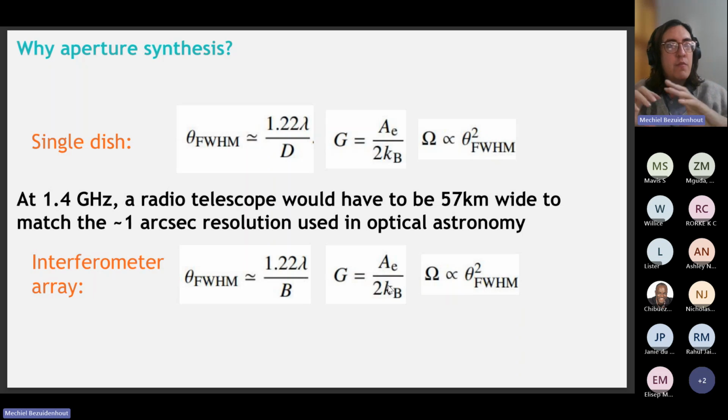So if you have an array of 1 meter dishes, it has the field of view of a small dish, but with the sensitivity and angular resolution of a big dish. So these three factors combined mean that the next generation of radio telescopes are all pretty much interferometry based, and that's why the SKA era is going to be so exciting.